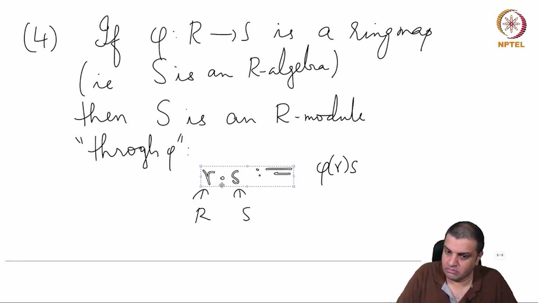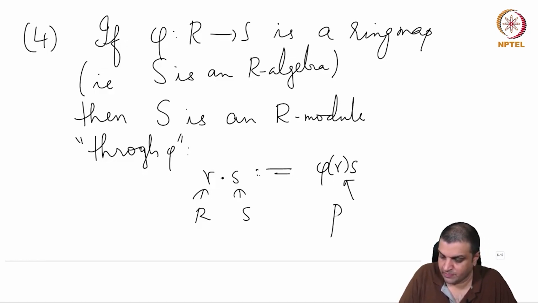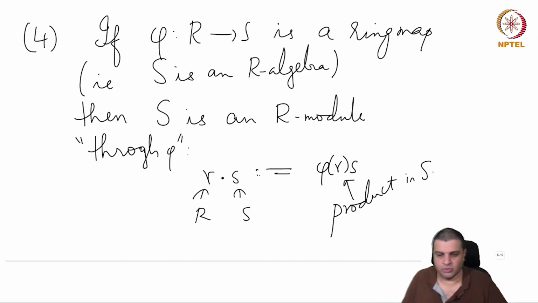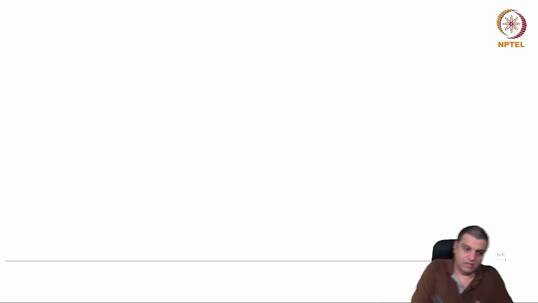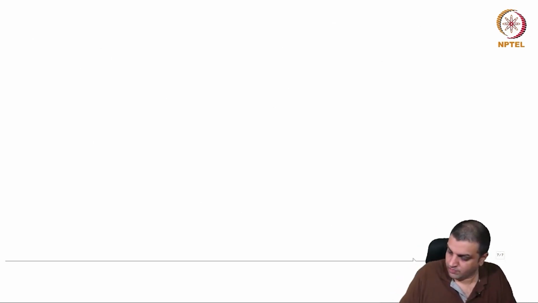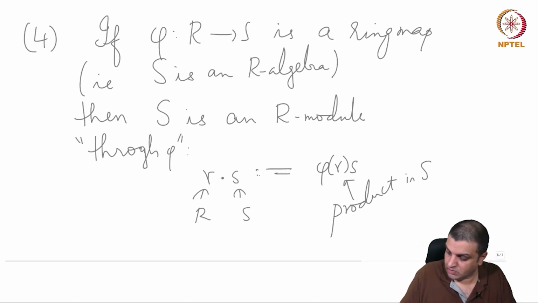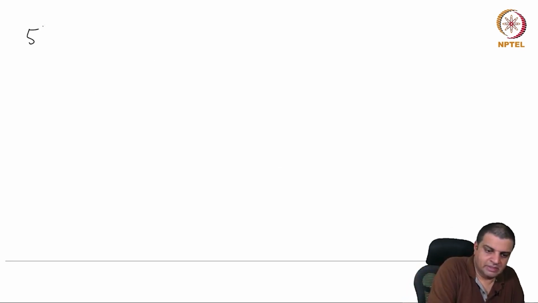The product inside S is already given to us. So if you have a ring map, in other words if you have an algebra, then that automatically gives a module structure. We can generalize that a little bit.